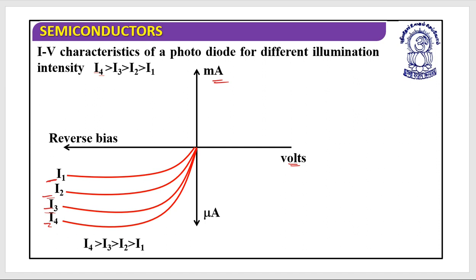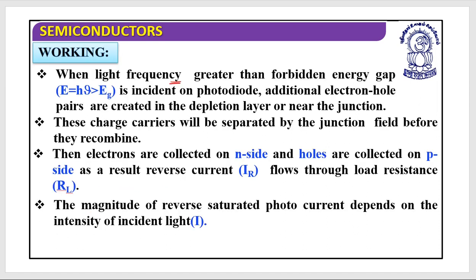So let's check first how it works. When light of frequency greater than the forbidden energy gap is incident on a photodiode, additional electron and hole pairs are created in the depletion layer or near the junction, and these charge carriers are separated by the junction field before they recombine. Then electrons are collected on the n side and holes on the p side.